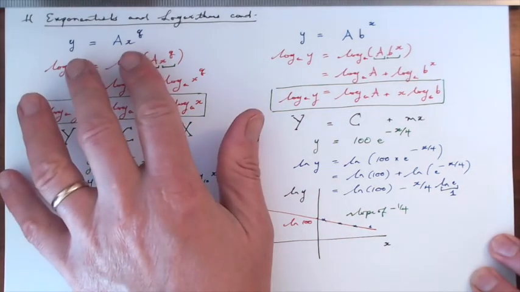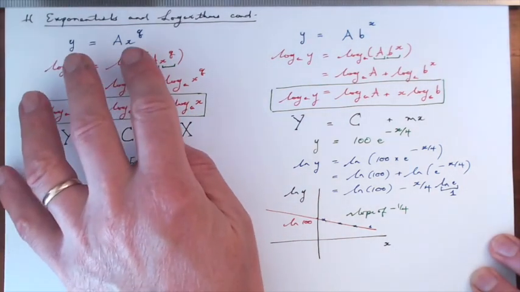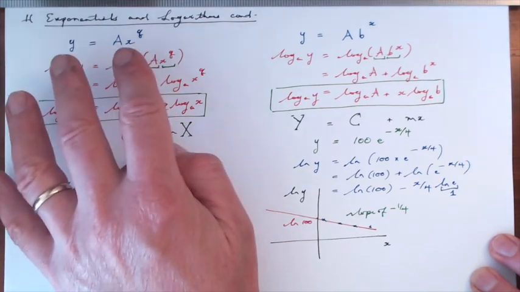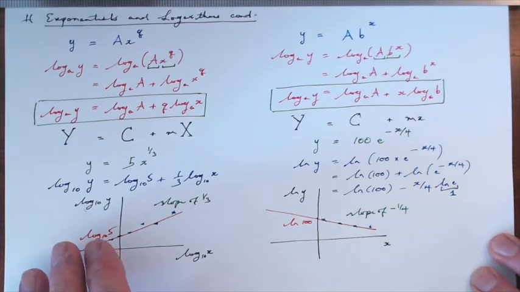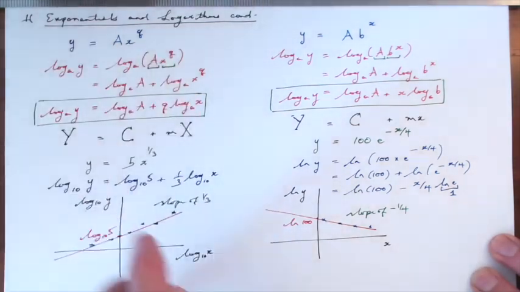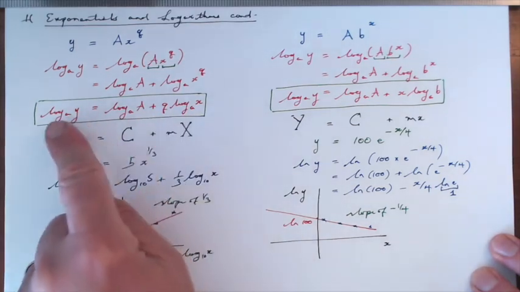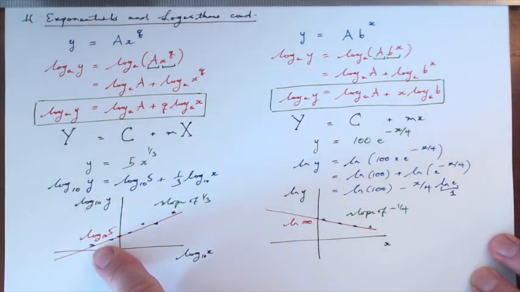Just to recap very briefly, if I suspect I have a power law underlying my data, I would perform a log-log plot, and this would then reduce this to the equation of a straight line on a log-log scale, as I showed with this example.